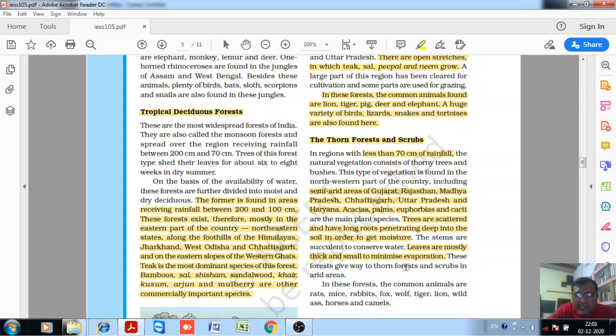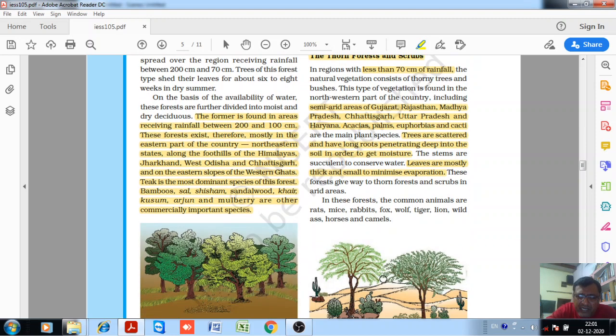The larger the size of the leaf, the more the evaporation happens. The smaller the size of the leaf, less evapotranspiration happens. So this is due to that reason. So these forests give way to the thorn forests and scrubs in arid areas.